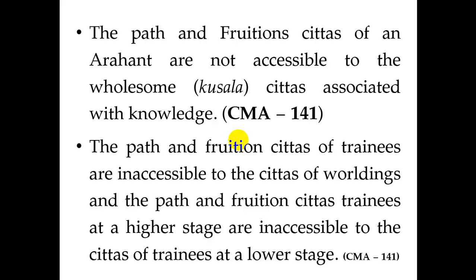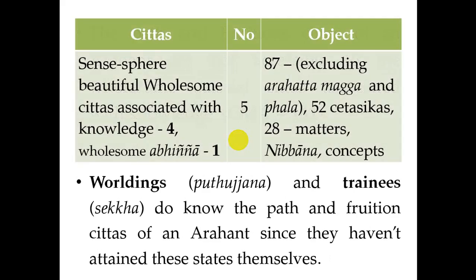So we have to understand in this way. We are talking in general. When we talk clearly and specifically, the mind of a Sotapanna cannot take the object of Sakadagami, Anagami, as well as Arahata Magga and Phala, like this. But here we are talking in general.